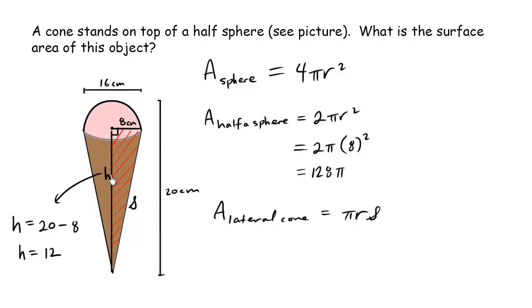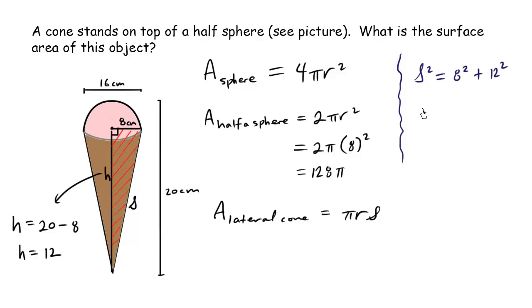So we have the two shorter sides of this right triangle, so we can solve for s. Let me just change the color so we can focus. We'll just do it on the side here. By the Pythagorean theorem, s squared is equal to 8 squared plus h squared, and h is 12.